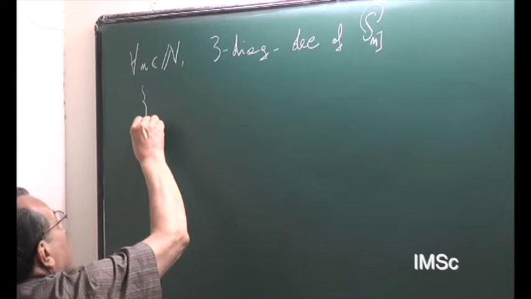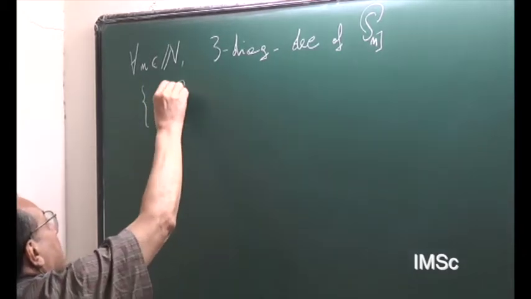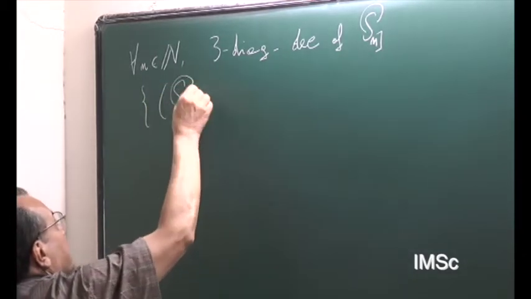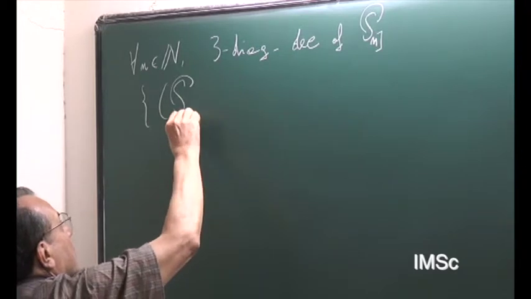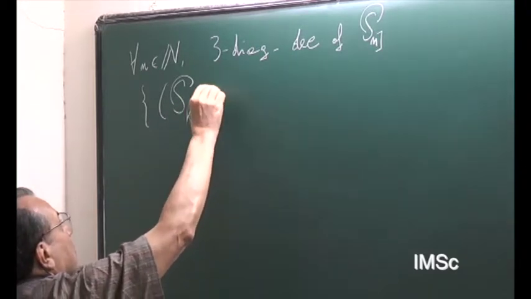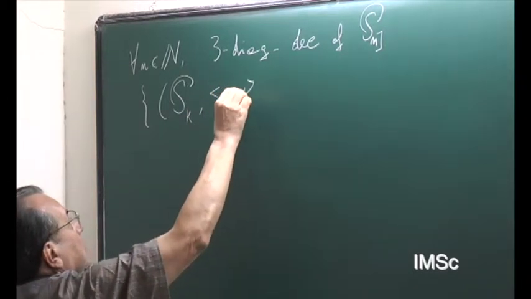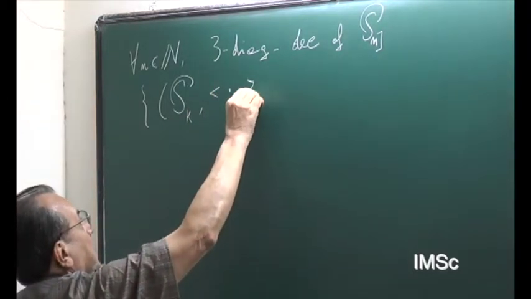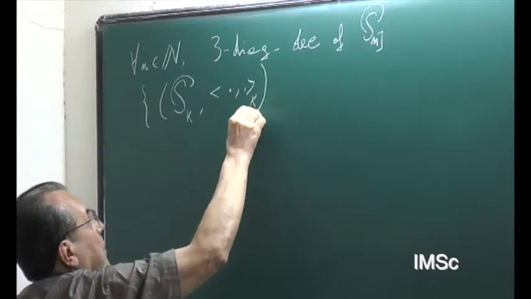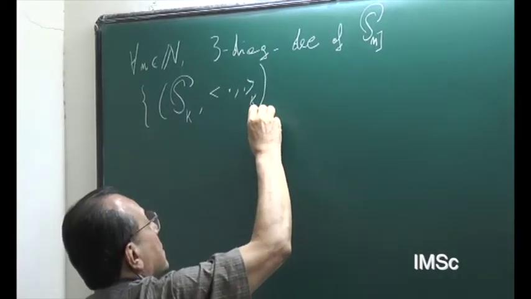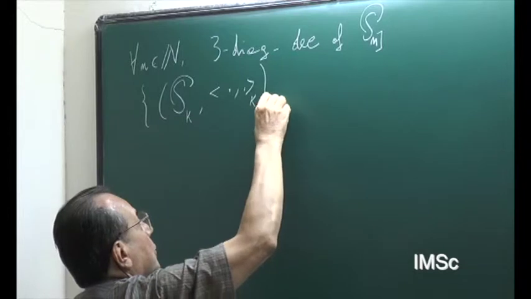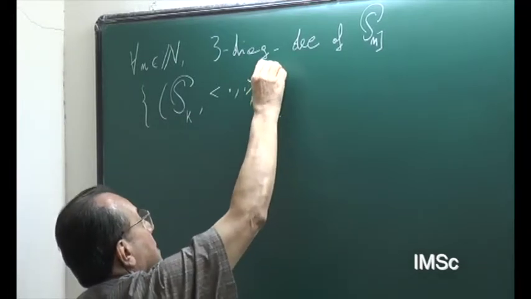So it is determined by a sequence of subspaces which are pre-Hilbert spaces with respect to a scalar product. So k goes from 1 to n.